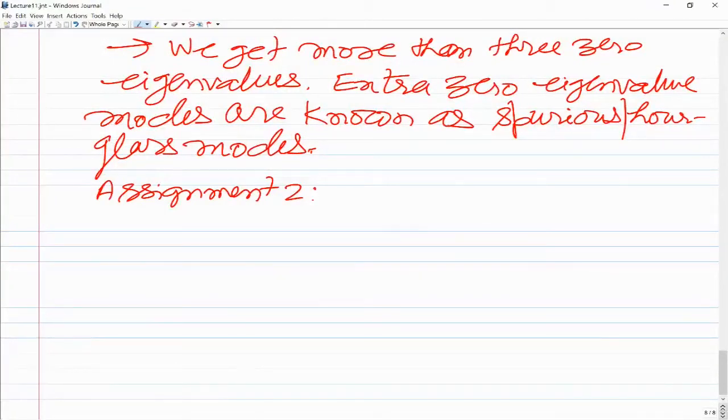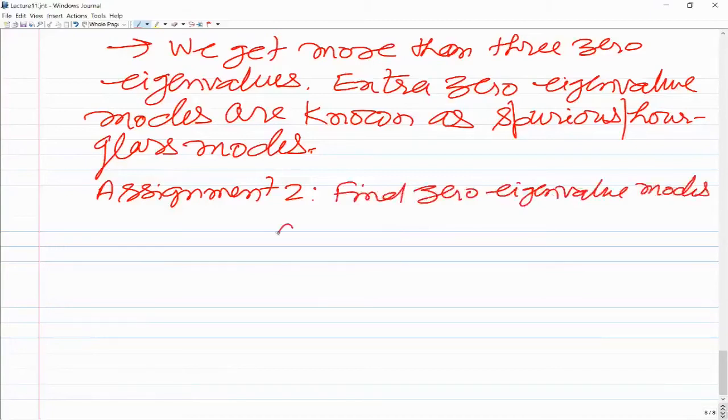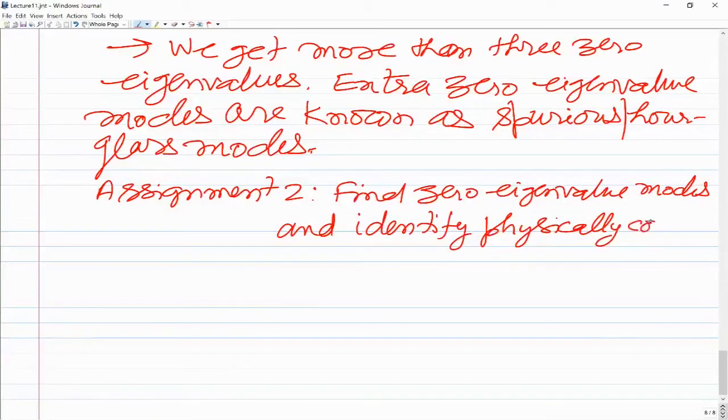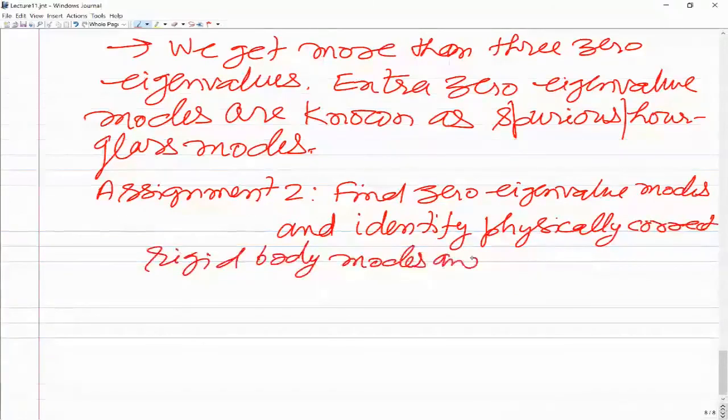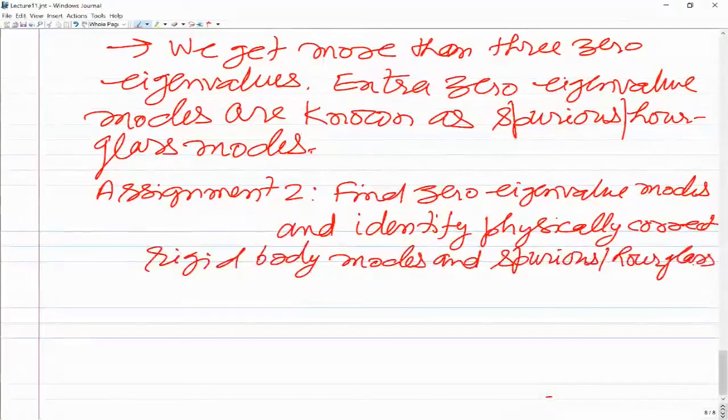In this you have to find zero eigenvalue modes, and then identify the physically correct rigid body modes and spurious modes or hourglass modes.